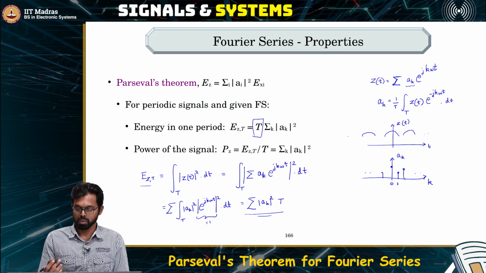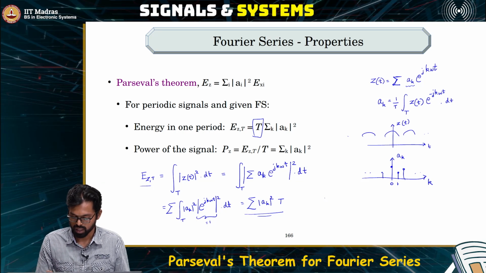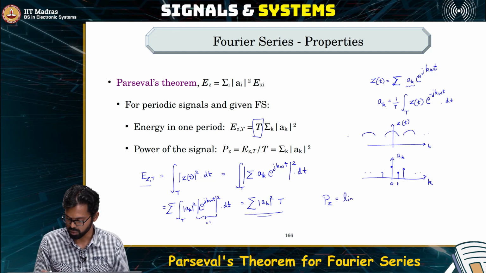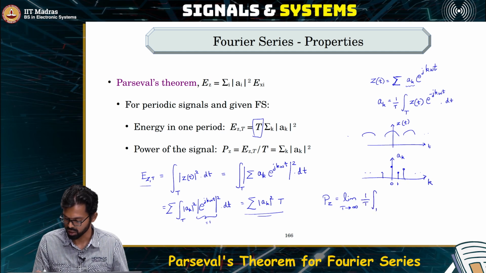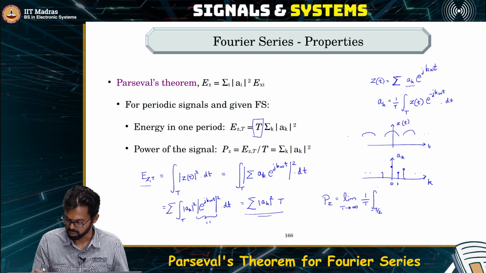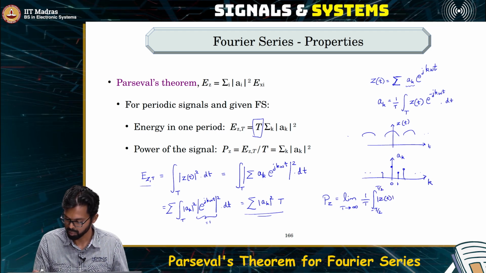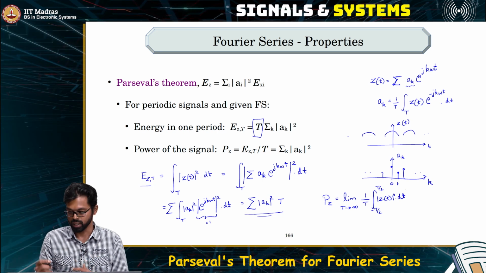Once again, if you remember the relationship between power and energy for a periodic signal, the power of the periodic signal is equal to the limit as T tends to infinity of 1 by T times the integral from minus T by 2 to plus T by 2. So this is the power of the periodic signal, or any signal for that matter.